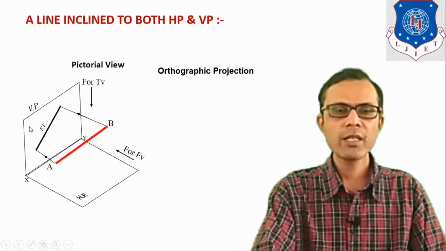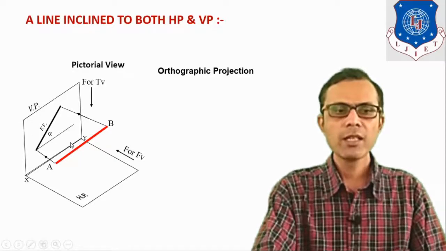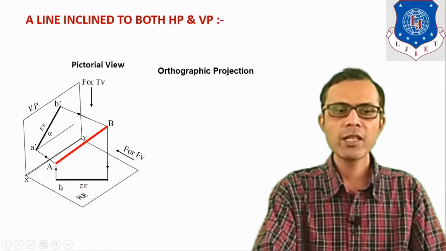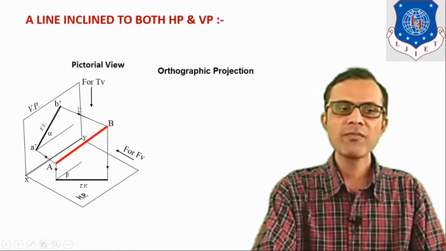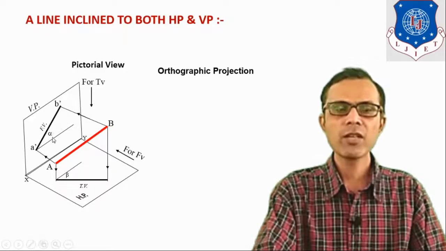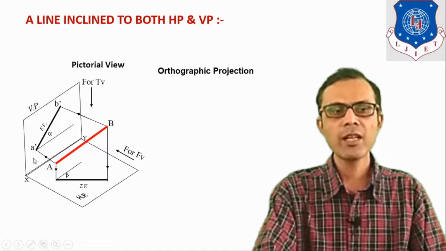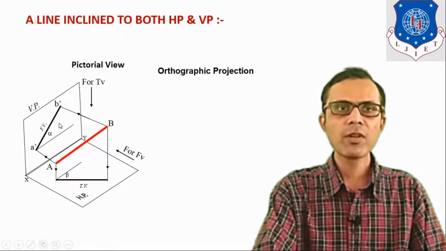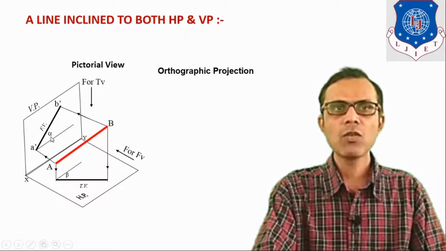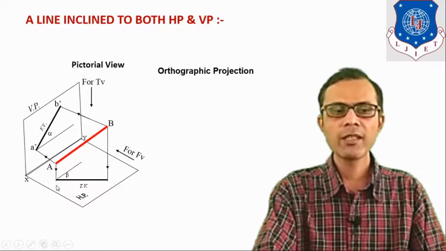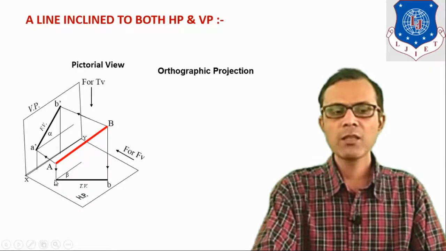Say this is the front view for the given line and this is the top view for the given line. The inclination angle of this front view A dash B dash is denoted by alpha. It is the inclination angle of the front view with HP, known as the apparent angle of the front view with HP. And this angle beta is made by the top view.